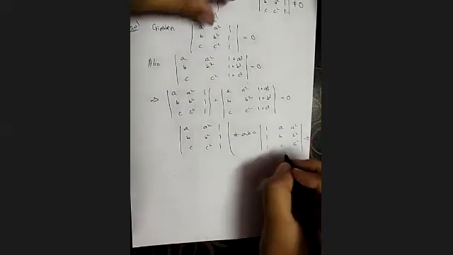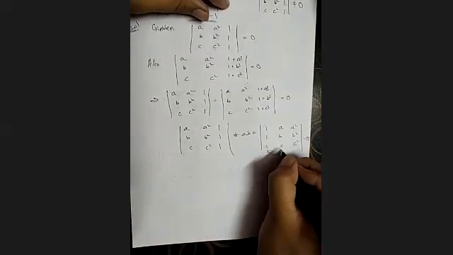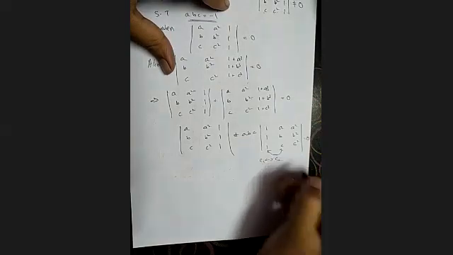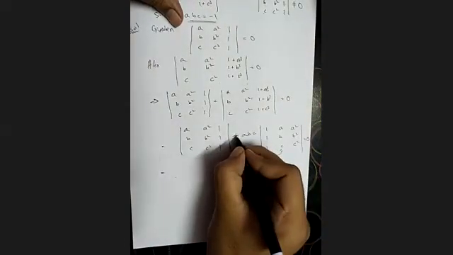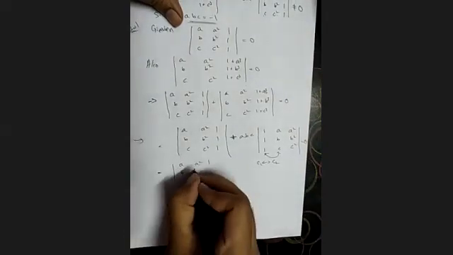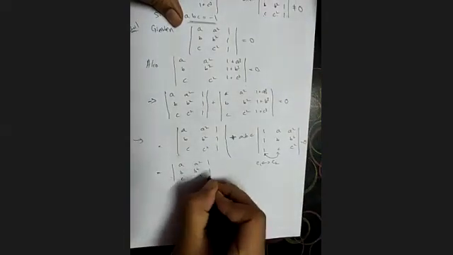Now, interchange these two, C1 and C2. If you interchange it, you will get a negative sign over here: minus ABC times the determinant with rows A, 1, A square; B, 1, B square; C, 1, C square.